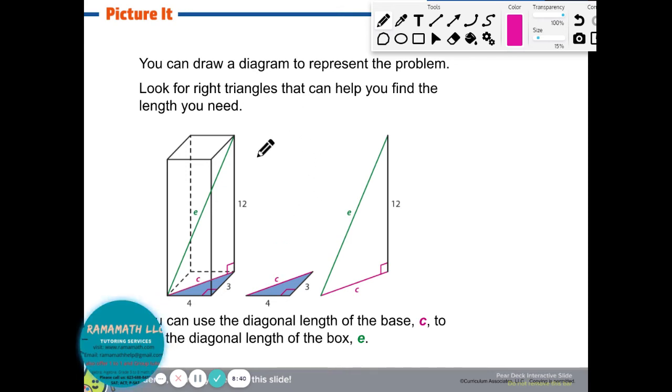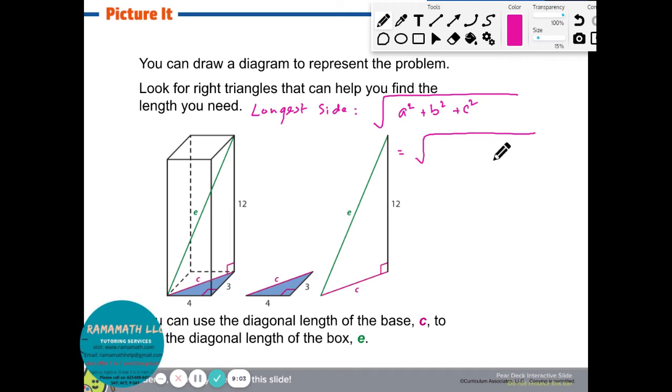So for the diagonal or the longest side, the formula will be the square root of a squared plus b squared plus c squared. This is a quick way of doing these questions, because some teachers don't even know that one. So I'm going to help you guys with this. That way you can get the answer way faster.